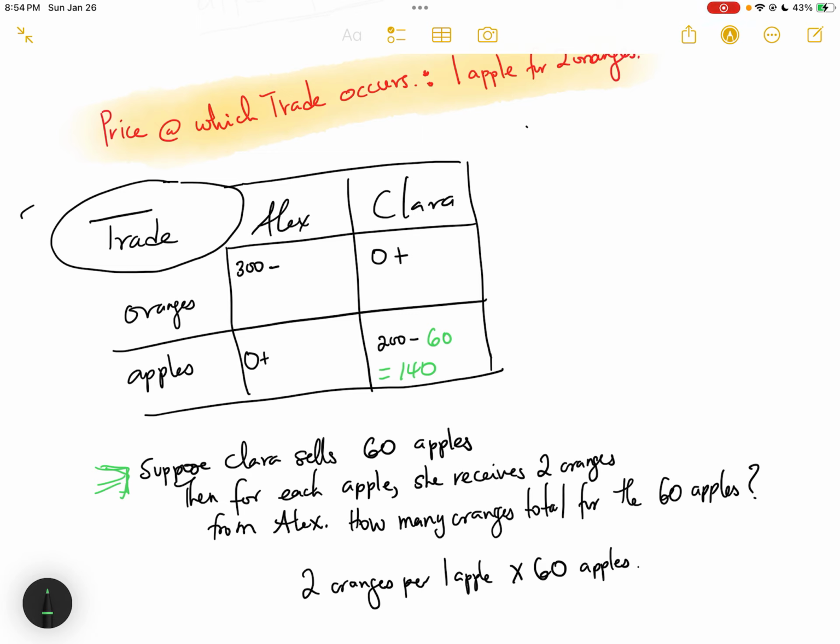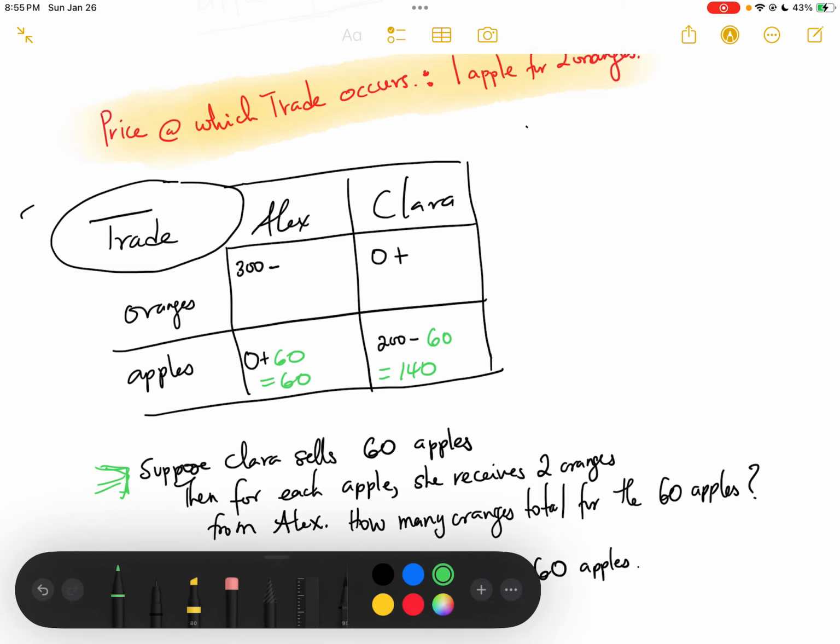Now she sold those 60 apples to Alex. So 0 plus 60 equals 60, right? So with trade, Clara has 140 apples and Alex has 60. Where did Alex get these 60 apples? He purchased them from Clara.